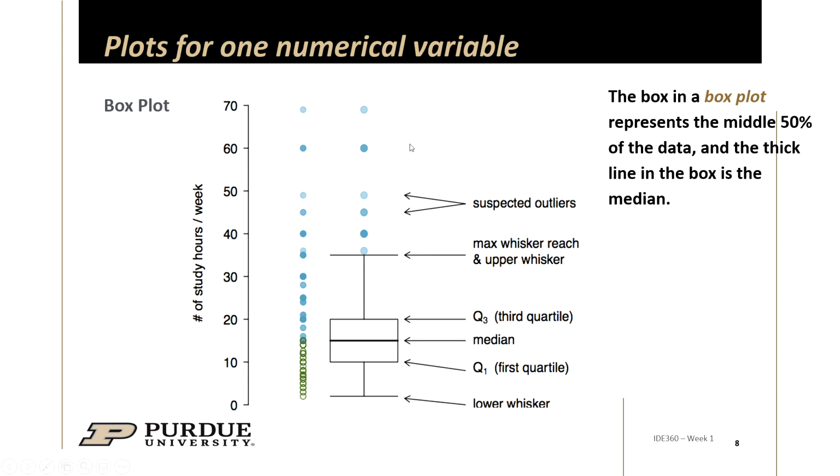The value of this is that you know the box actually contains 50% of the data. You can identify where the main core of your data actually lies, right? So it groups information really well.